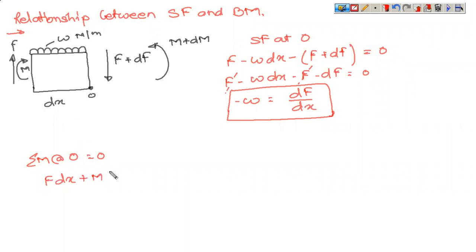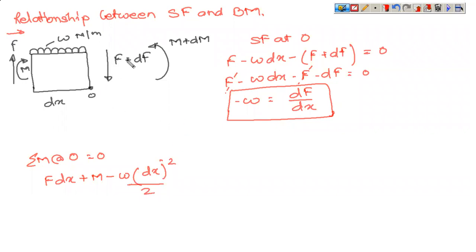This W dx is the force, and it will be resolved at a distance dx by 2, producing a moment. So this is minus W into dx whole square by 2.